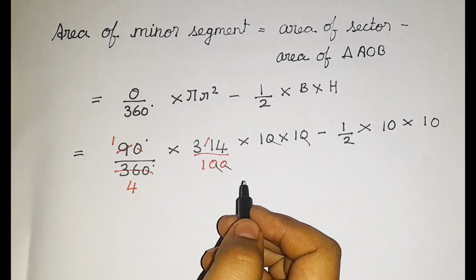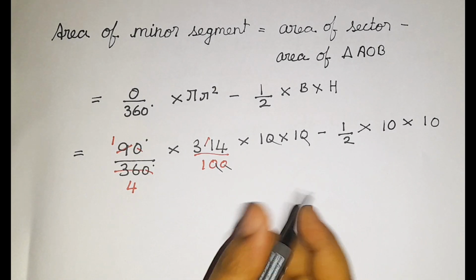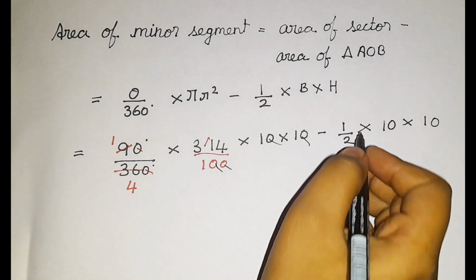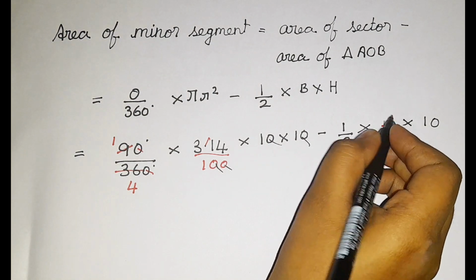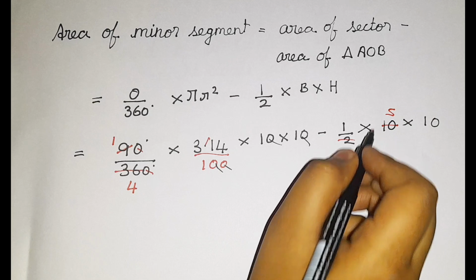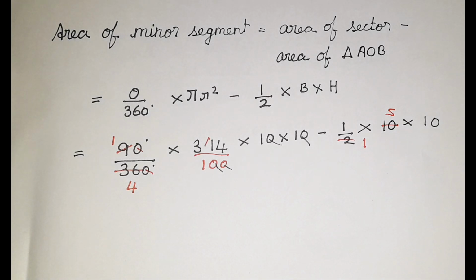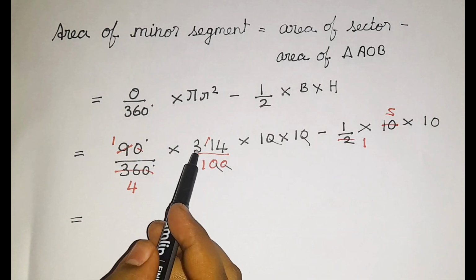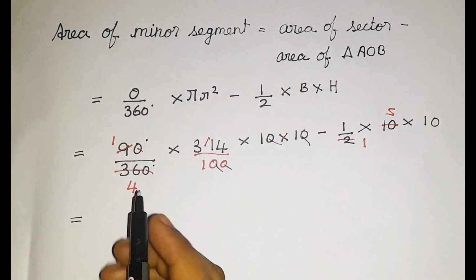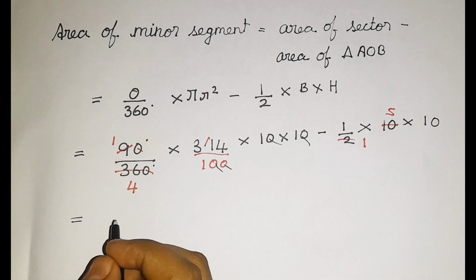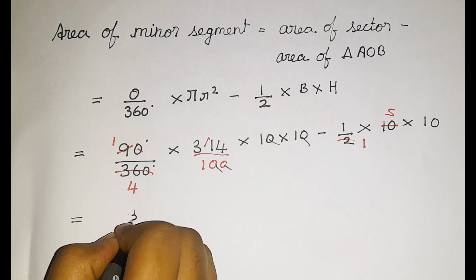Here we can also cancel this 2 and 5: 5 2s are 10, right? Finally we have 314, that's all. So let us write 314.